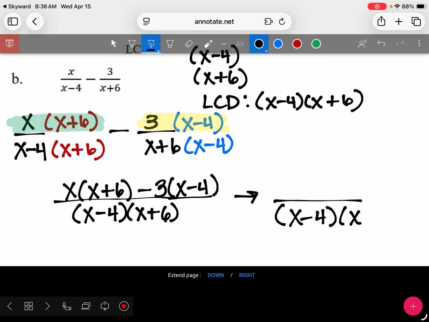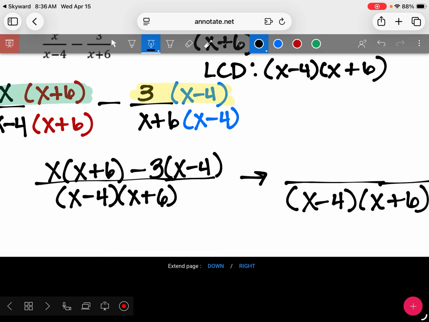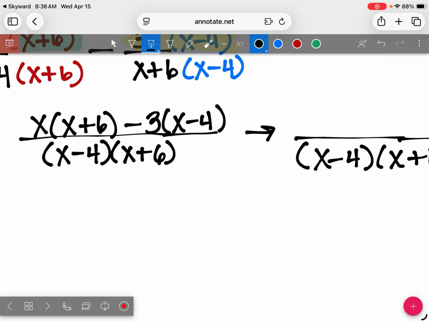So take a moment. I want you to distribute. Multiply the first parentheses by x, the second one by a negative 3. Go ahead and distribute. And then you're combining your like terms and you're done.